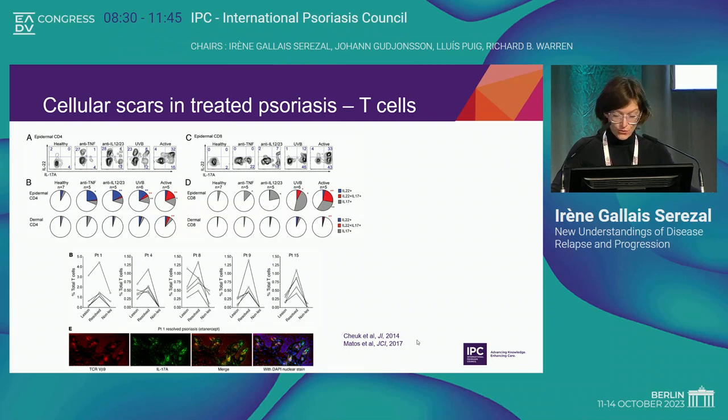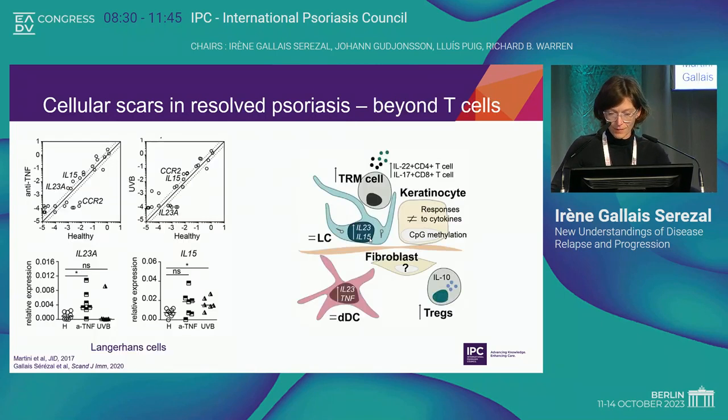And that was, of course, a couple of years later, a beautiful paper showing the clonality of these T cells, and that they are also in non-lesional skin, but in a smaller proportion. So cellular scars in resolved psoriasis, it's not only T cells.